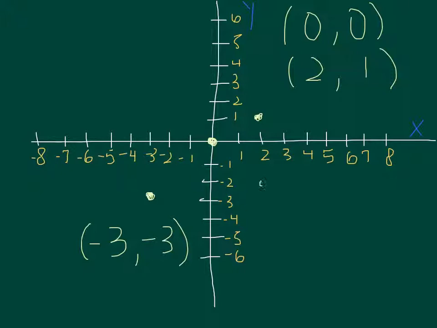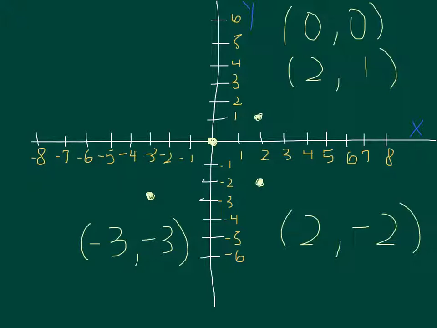Now, if you had a point right here, that would be written as (2, -2): 2 to the right, positive direction, and 2 down, negative direction.